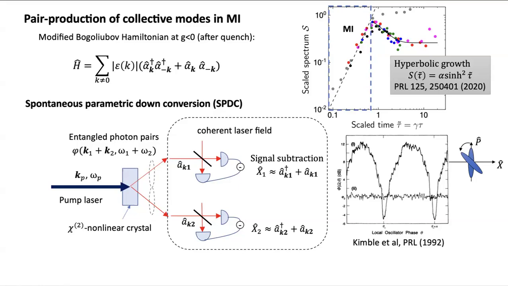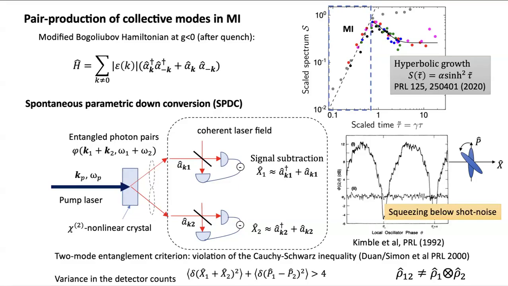But how do I understand it? The way to understand it is the following. This is the density operator of the two modes. If they are classical, not quantum entangled, this density operator can be written as separable: ρ1 cross product ρ2. Then you can perform these noise measurements.